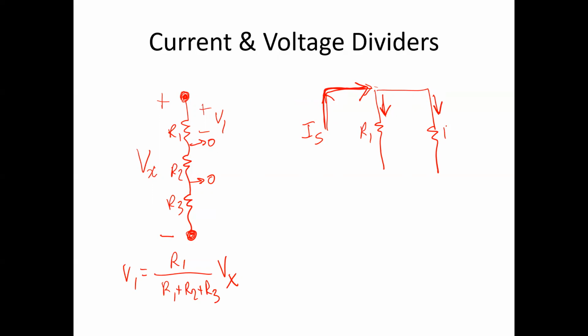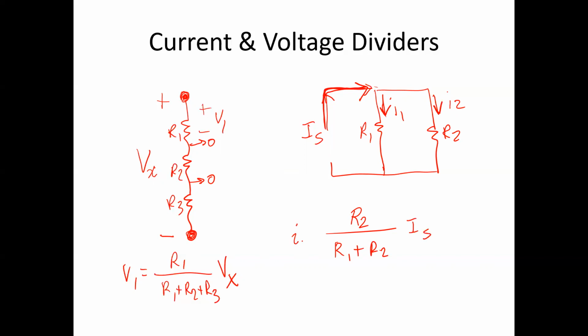If this is again R1 and R2, and let's call this I1 and I2, then you would find what the current divider is by taking the total resistance on the opposing branch, which in this case is R2, dividing it by the total resistance across all branches, in this case R1 plus R2, and then multiplying by IS.